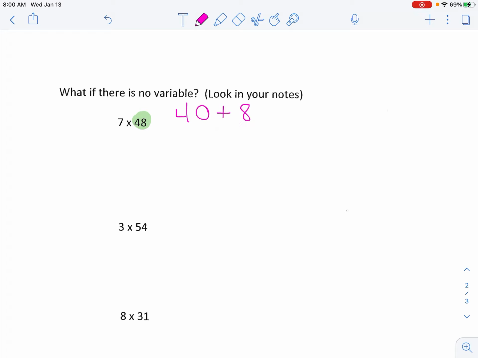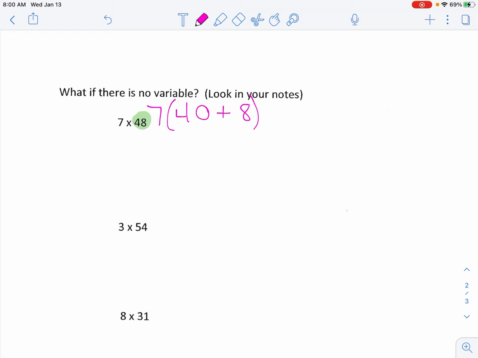So if I asked you to multiply 48 times 7 in your head, that would be really hard. But if I asked you to multiply 7 times 40, we know 7 times 4 is 28, and add a 0. And if I asked you to multiply 7 times 8, we all know that's 56. So to make problems easier to solve mentally, if I break this down into 7 times 40 plus 7 times 8, then I can solve it very easily.